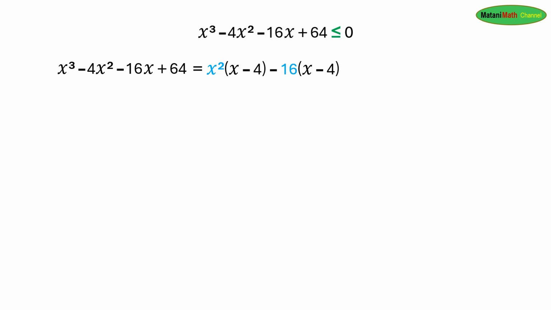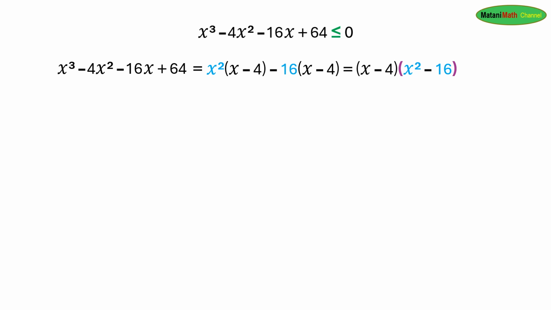And the second two terms, the common factor is minus 16. So we factor it and it becomes minus 16 times x minus 4. Now the common factor is x minus 4.